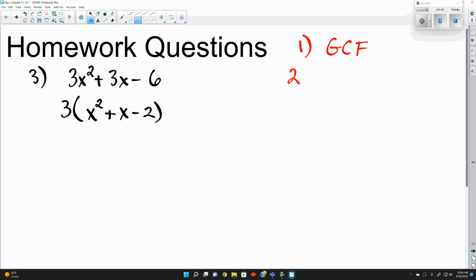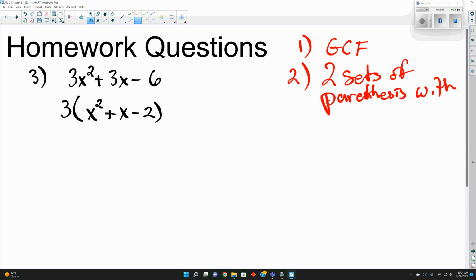Our second step is our 2 sets of parentheses with 3 spaces.